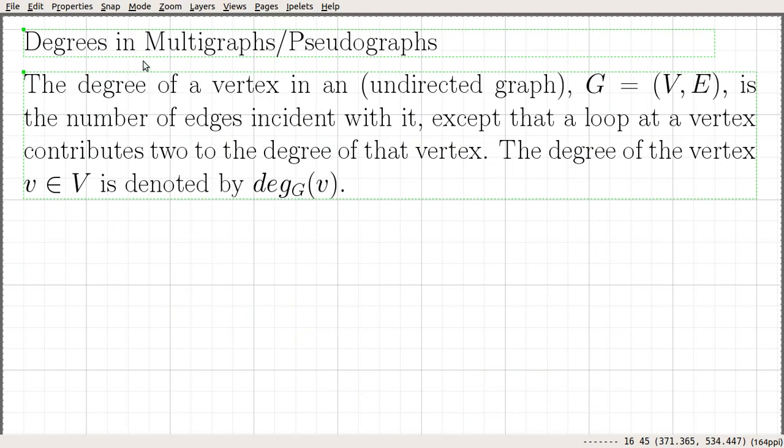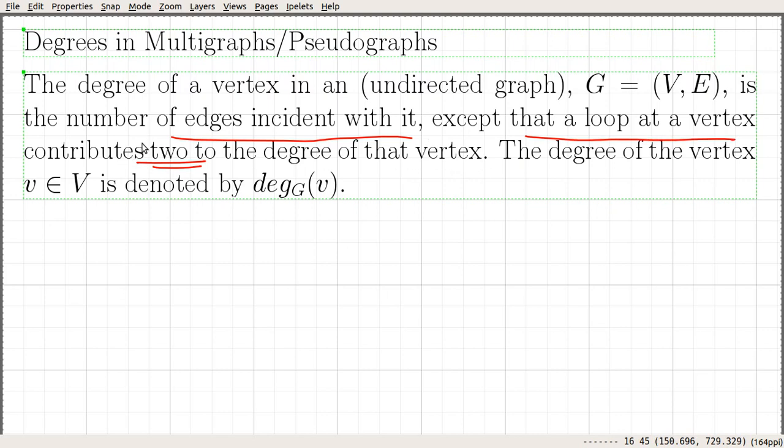Now we need to redefine the notion of degrees. The degrees in a multigraph and pseudograph will be somewhat different from that of a simple graph. So let me give the definition of the degrees in a multigraph and pseudograph. It is somewhat similar to a simple graph, the number of edges incident with a particular vertex, but there is an exception, and the exception is that a loop at a vertex contributes 2 to the degree of that vertex.